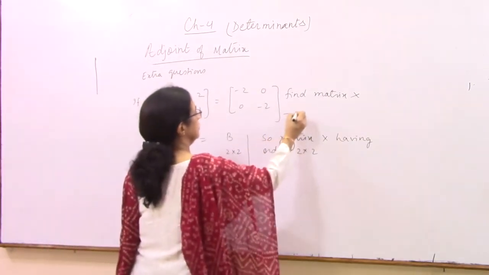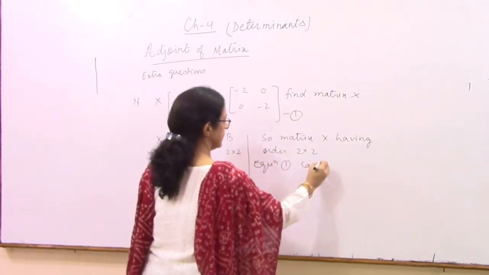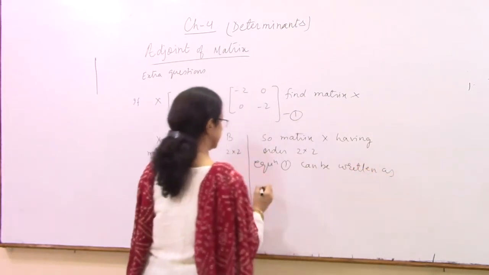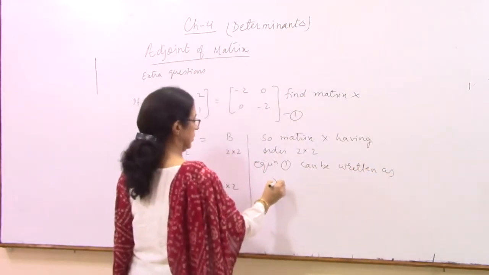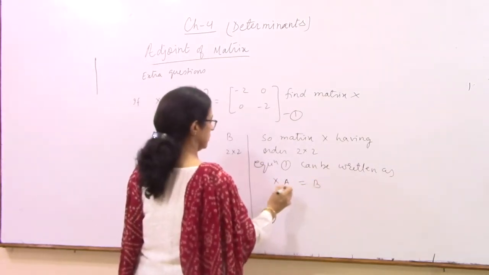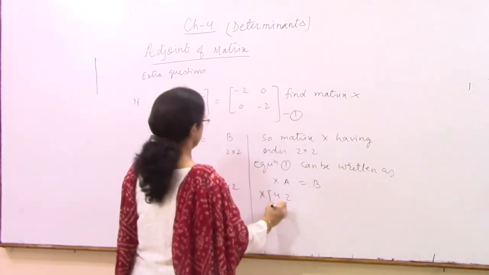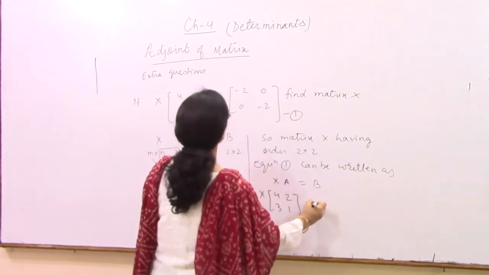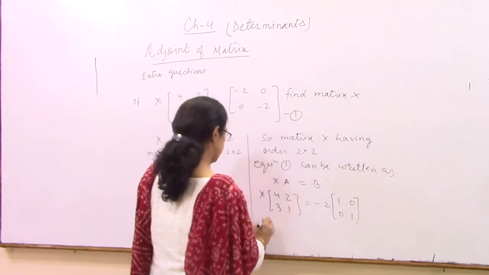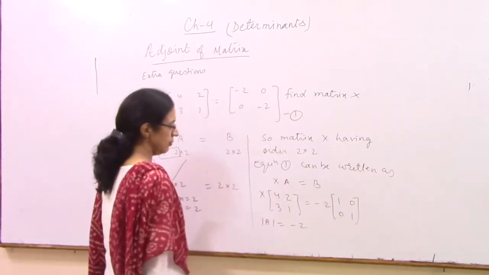So this equation 1 can be written as XA equal to B, and X as it is times 4 2 3 1 equal to -2 taking common times 1 0 0 1, and determinant A equal to -2.